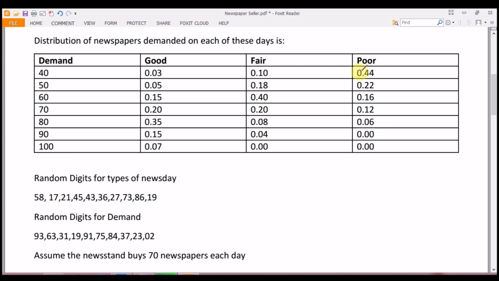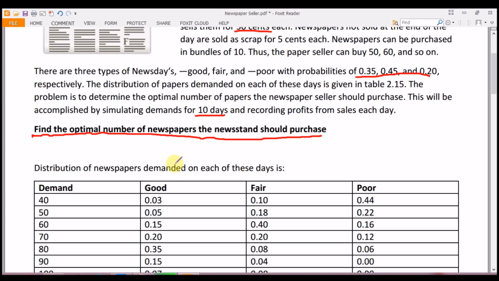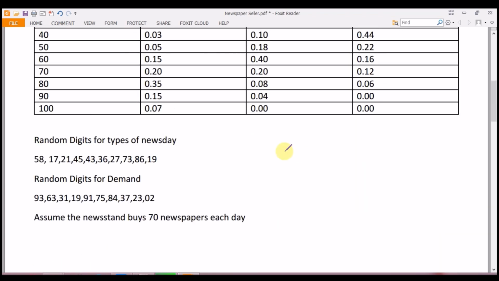So we have these two probabilities that we have to calculate. Random digits for types of news days is this. Random digits for demand was this particular thing. Assume the newsstand buys 70 newspapers each day. So this is how much he keeps in stock in his inventory each day to sell his newspapers, right?